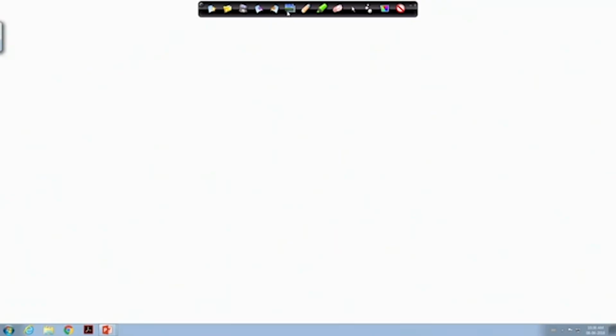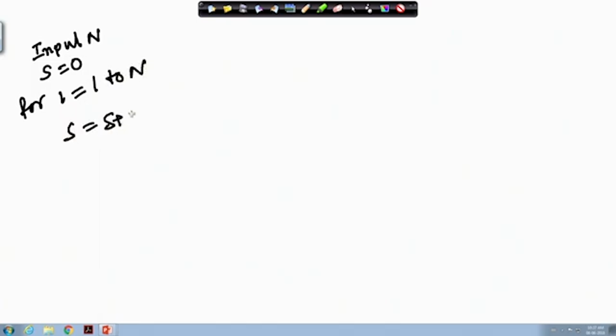So, mapping this algorithm to the architecture: the input is n, initially s is 0, then for I equals 1 to n, s equals s plus I, then next I, and output s.